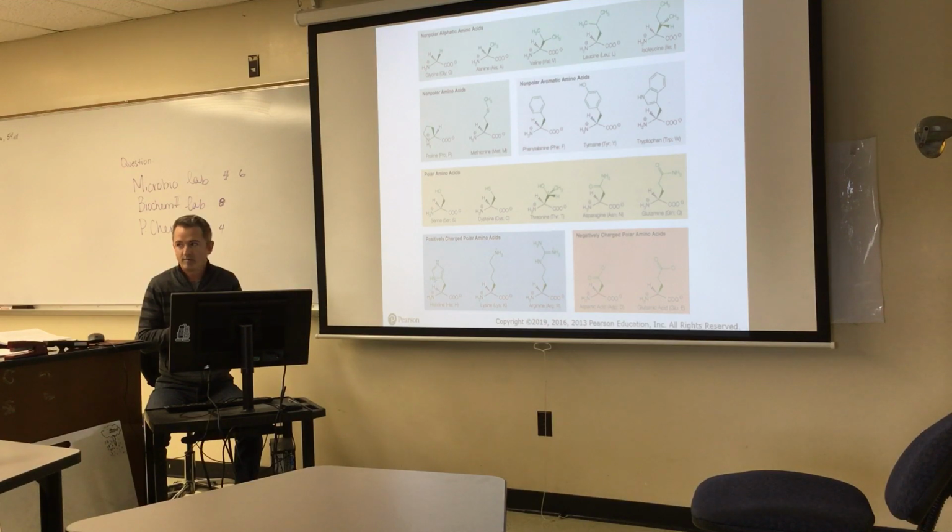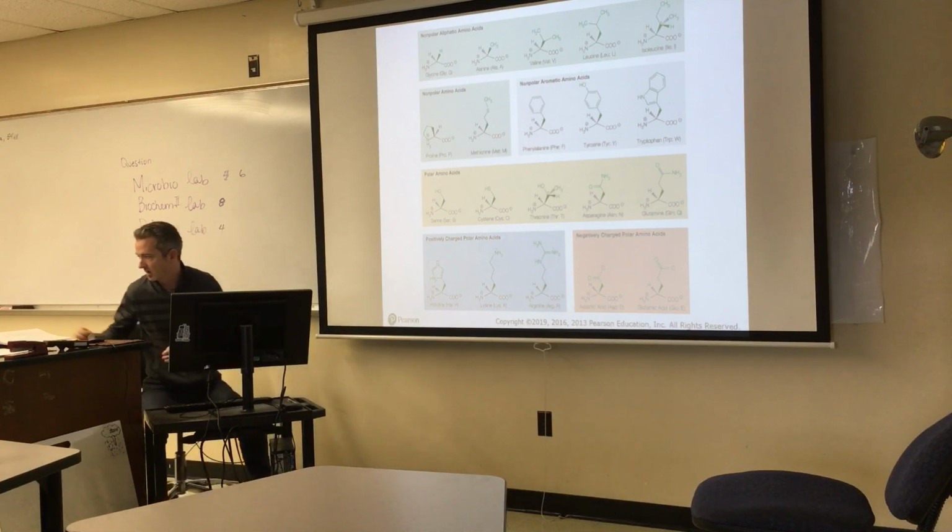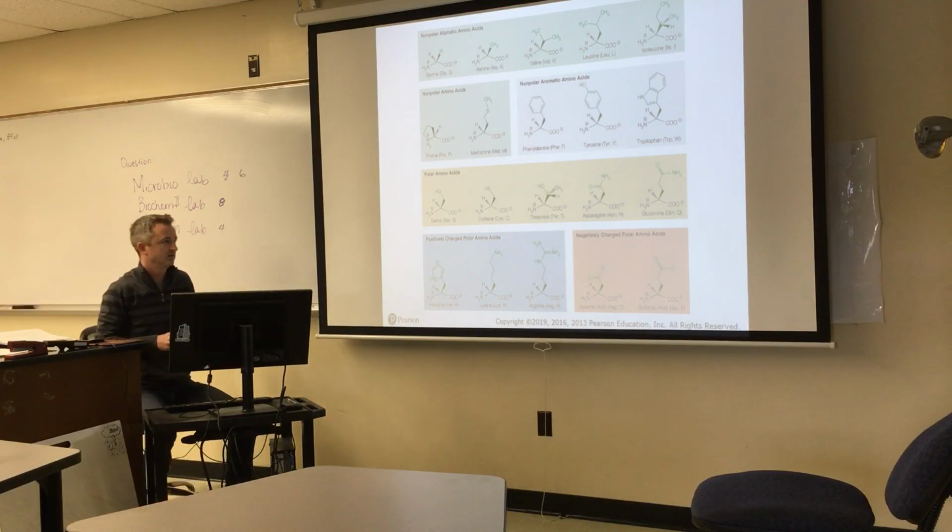When you put peptides together, what type of reaction has to take place? Condensation. That's right, a condensation reaction. I want you to also know how to put the amino acids together, what they look like when they come together. So what's actually going to condense?